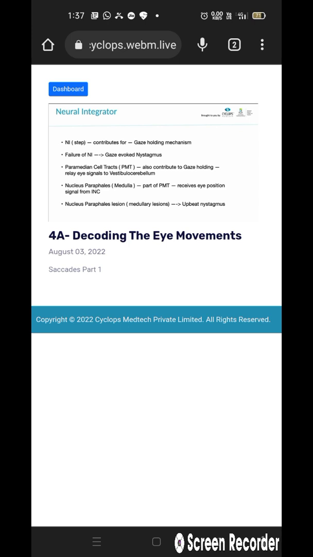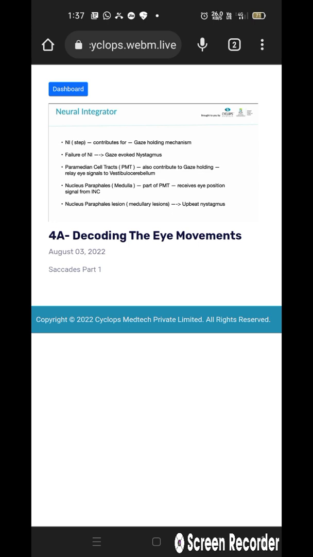The step signal that is formed by the position command given by the neural integrator contributes to the gaze holding mechanism. So if the neural integrator fails, then the gaze holding mechanism is gone.